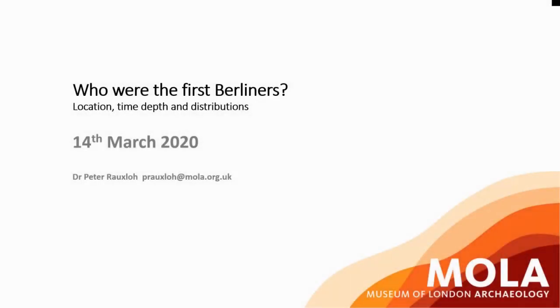Okay, so in this presentation, I just want to look at the ways we've been using three sources of information to try and help us understand and provide different views of the cemetery at Petriplatz.